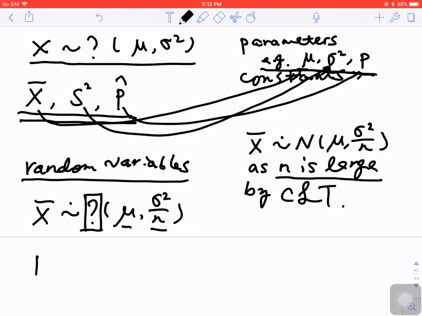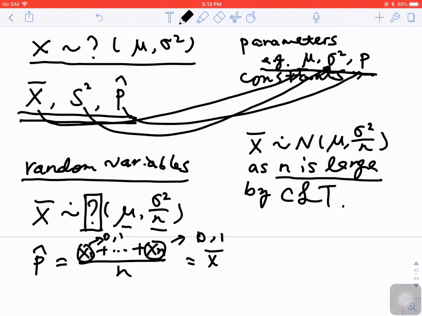And similarly, I'm going to use p hat to denote the sample proportion, right? I'm going to use p hat to estimate the p. Each xi is a Bernoulli random variable, so 0 or 1, right? So it's a special case of x bar. And the last thing is s squared. I'm going to use s squared to estimate the population variance. And we introduced a new distribution called chi-square distribution.